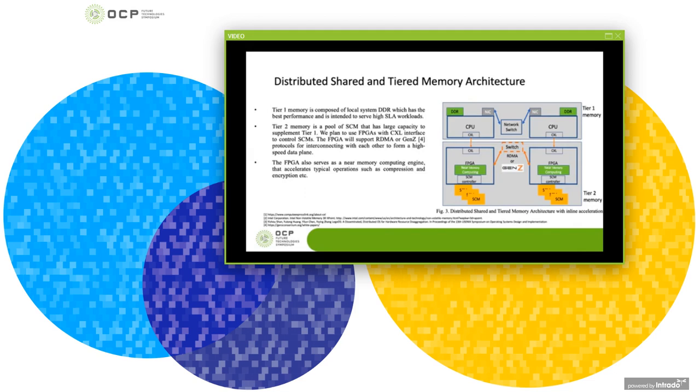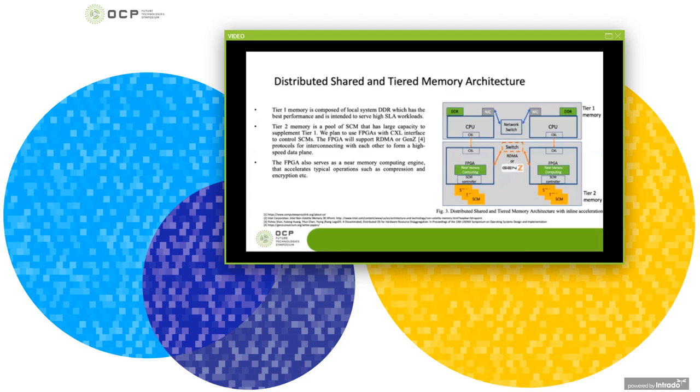The figure on the right is showing the distributed shared memory architecture that we are proposing. In this figure, the tier 1 memory is composed of local system DDR, which has the best performance and is intended to serve the high SLA workloads. Tier 2 memory is a pool of storage class memory that has large capacity to supplement tier 1.